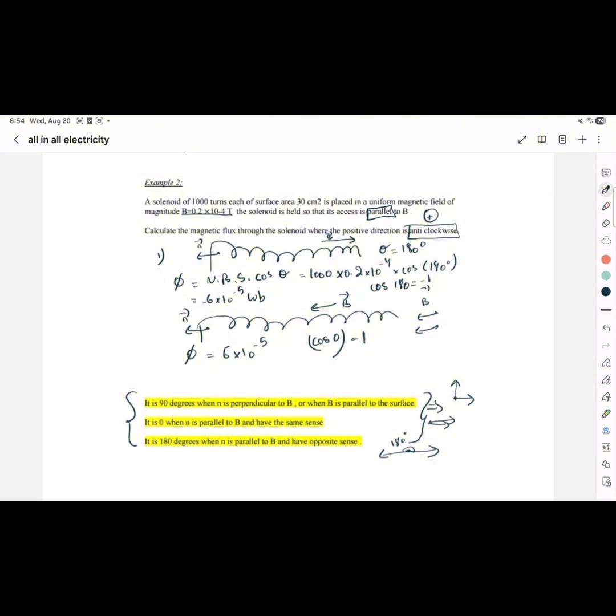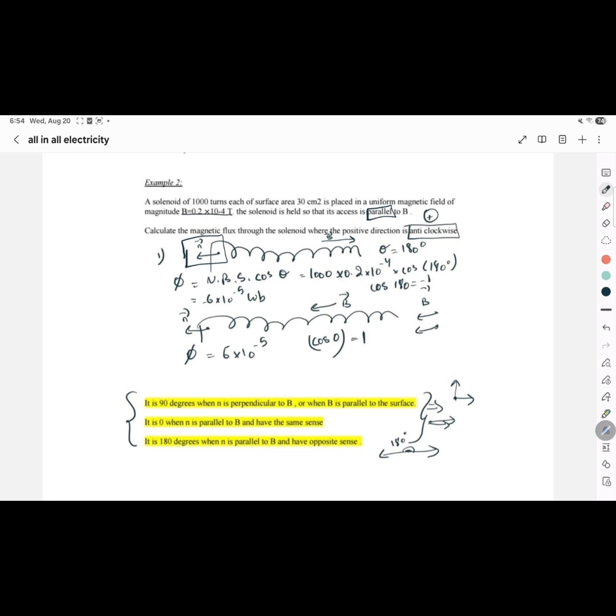Now here, we have to know the sign, it's not very important because it depends on the question. First of all, we want to calculate the magnetic flux through the solenoid where the positive direction is anti-clockwise. So we consider the positive direction to be anti-clockwise, and the normal is always outward.